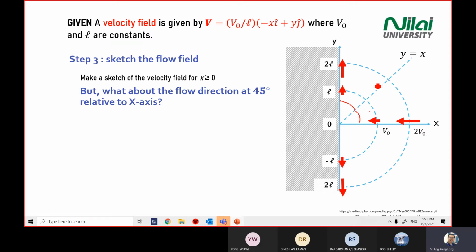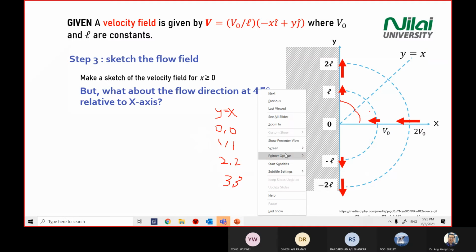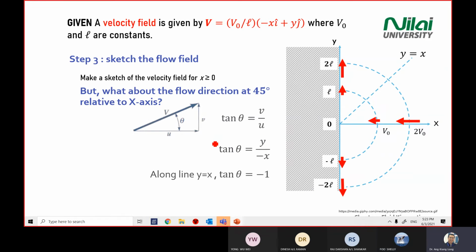You draw y equal to x, means 0, 0, 1, 1, 2, 2, 3, 3. You'll get a 45 degree line. Surely you understand this one, right? Yes, sir. Okay.